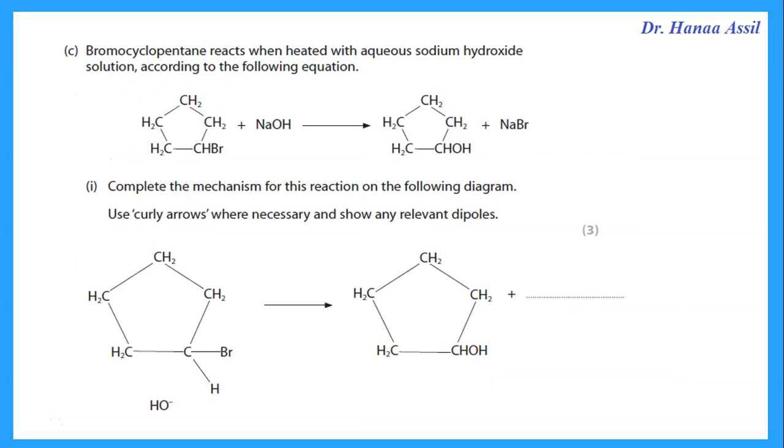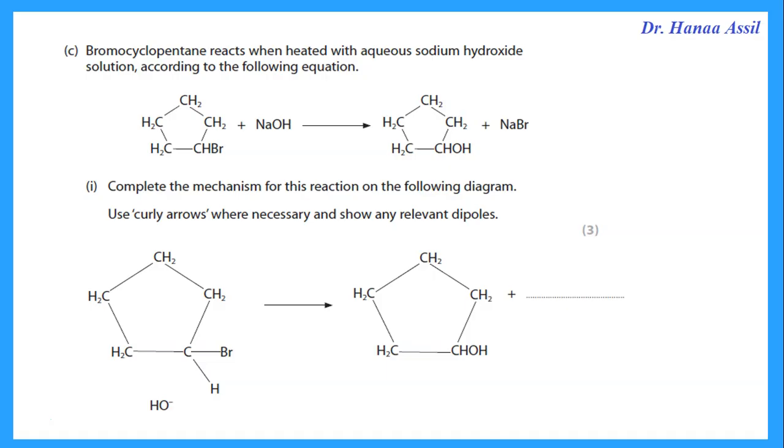Bromocyclopentane reacts when heated with aqueous sodium hydroxide according to the following equation. So again, with aqueous sodium hydroxide, what they did is replace the Br with an OH. Complete the mechanism for this reaction. Again, the OH.